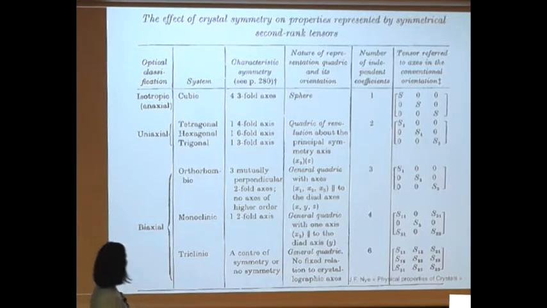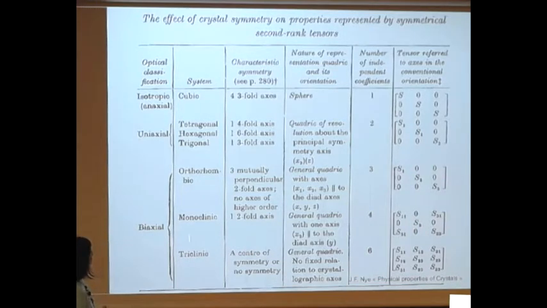In an orthorhombic system, we have three perpendicular second order axes or mirrors. We have three different coefficients, and all the others are zero. If we go to the monoclinic system, then we have four different coefficients.